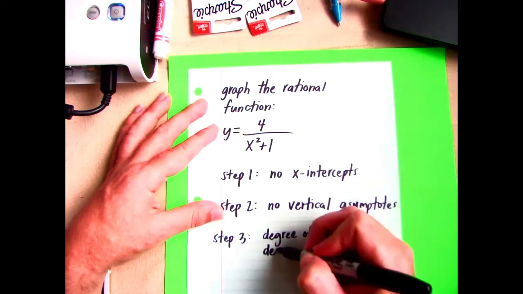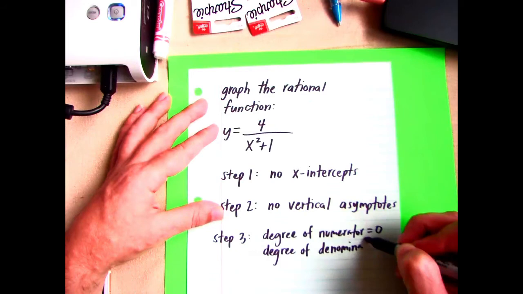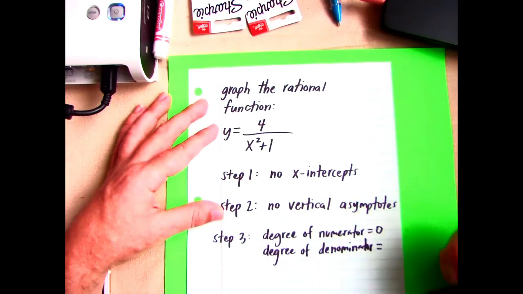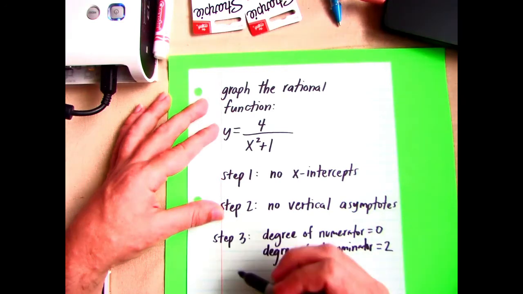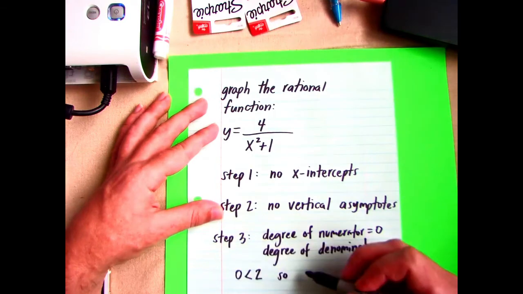So go back to your notes, look at step 3. We're comparing the degrees. Since 0 is less than 2, the horizontal asymptote is at y equals 0. When the numerator degree is less than the denominator degree, the horizontal asymptote is y equals 0.